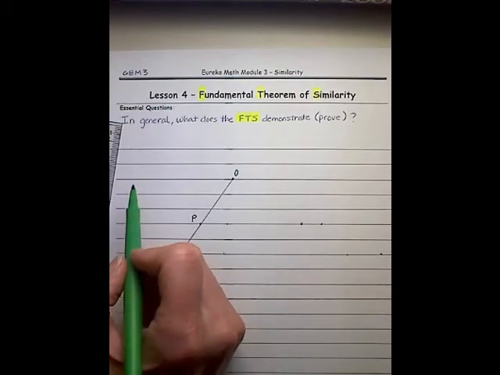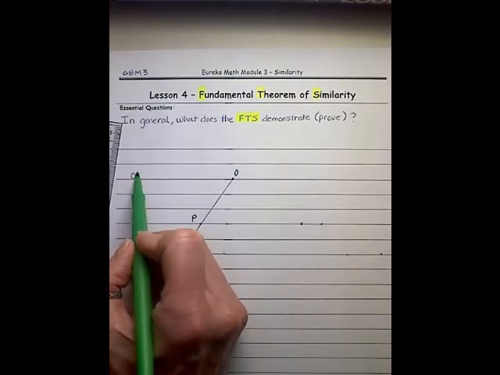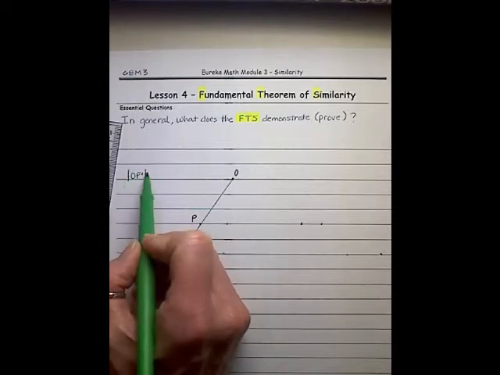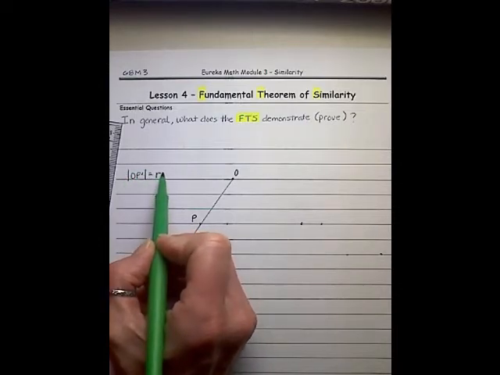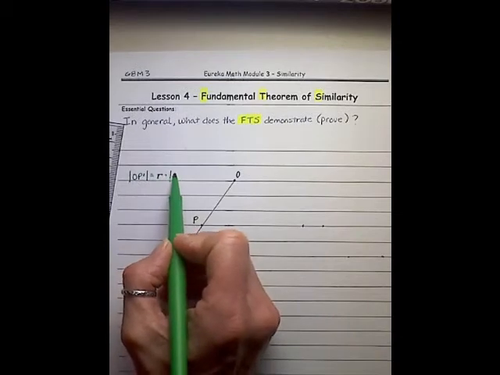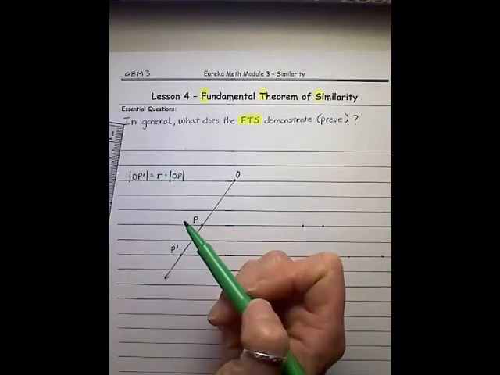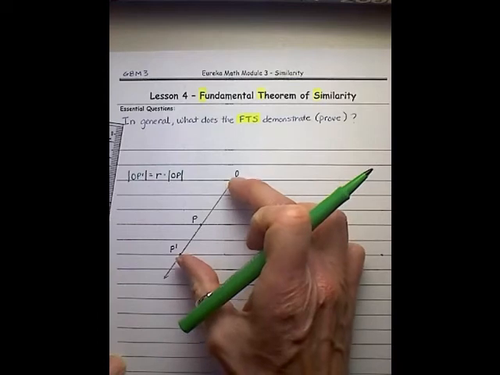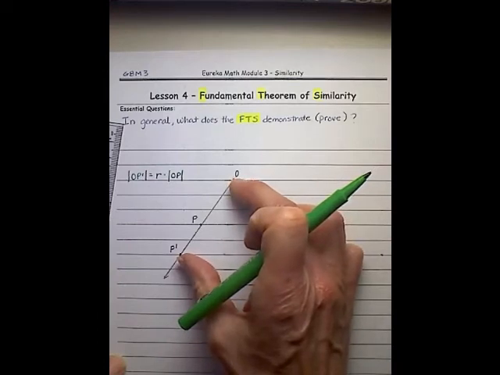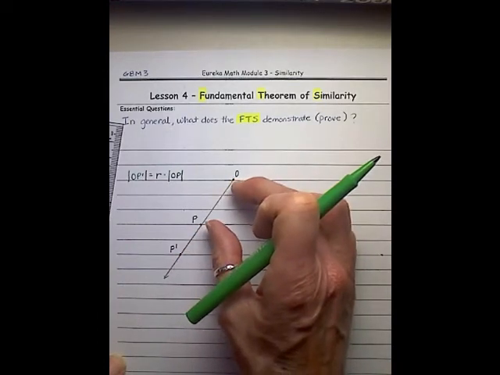We know that by dilation, the length of OP' will be equal to the scale factor times the length of OP. Again, the length of the dilated segment will be equal to the scale factor times the length of OP.